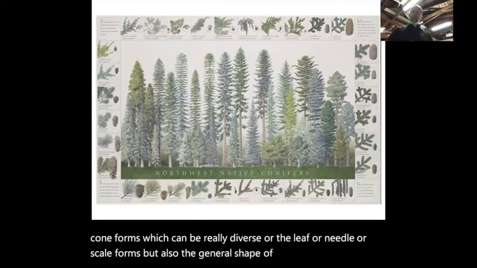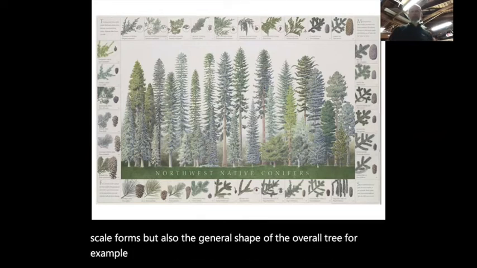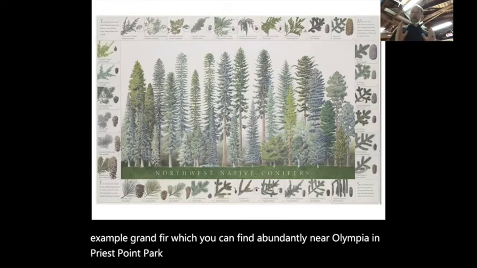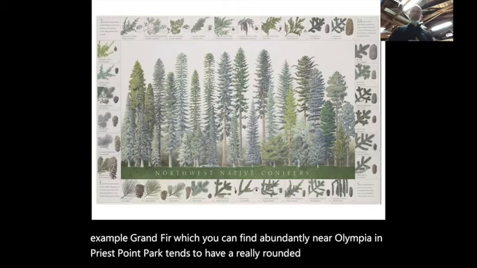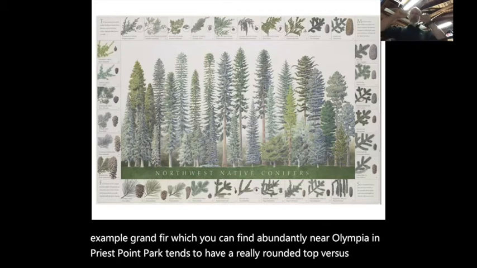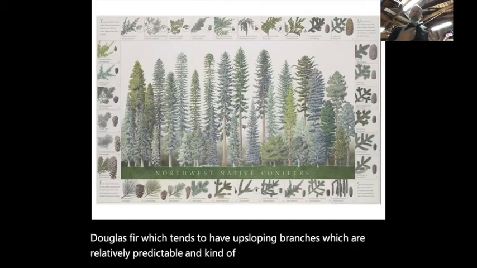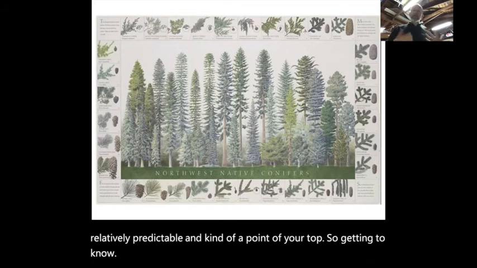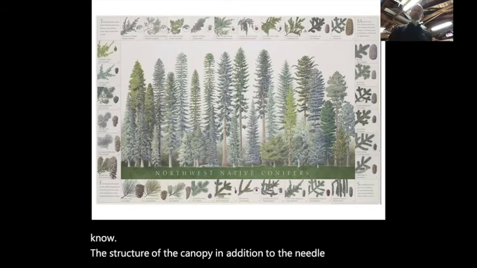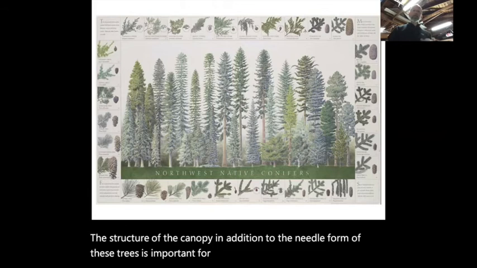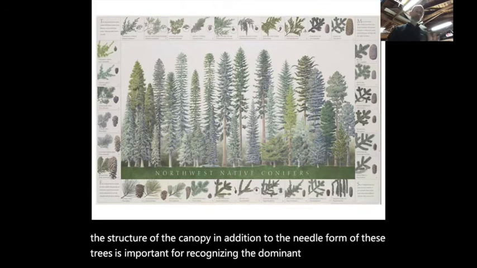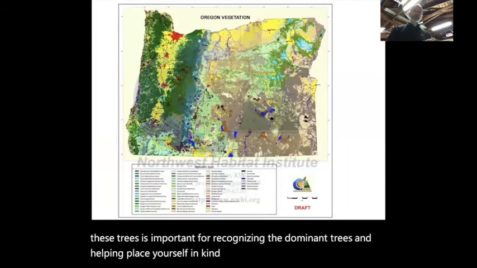For example, grand fir, which you can find abundantly near Olympia in Priest Point Park, tends to have a really rounded top versus Douglas fir, which tends to have upsloping branches, which are relatively predictable, and kind of a pointier top. So getting to know the structure of the canopy in addition to the needle form of these trees is important for recognizing the dominant trees and helping place yourself in the appropriate climax zone.